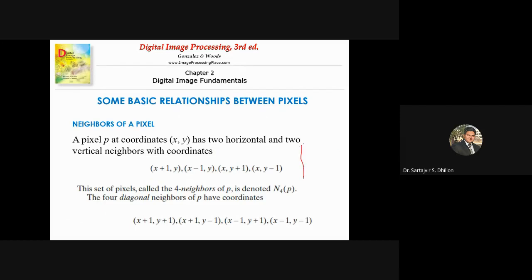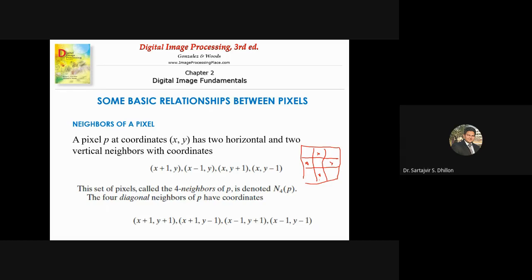In this case, for example, there is a 3 by 3 image here. There are 3 rows and 3 columns, and in the first case, there is x plus 1. These are basically coordinates for this point, for this point, and this point. So they are representing the coordinates of these 4 points.